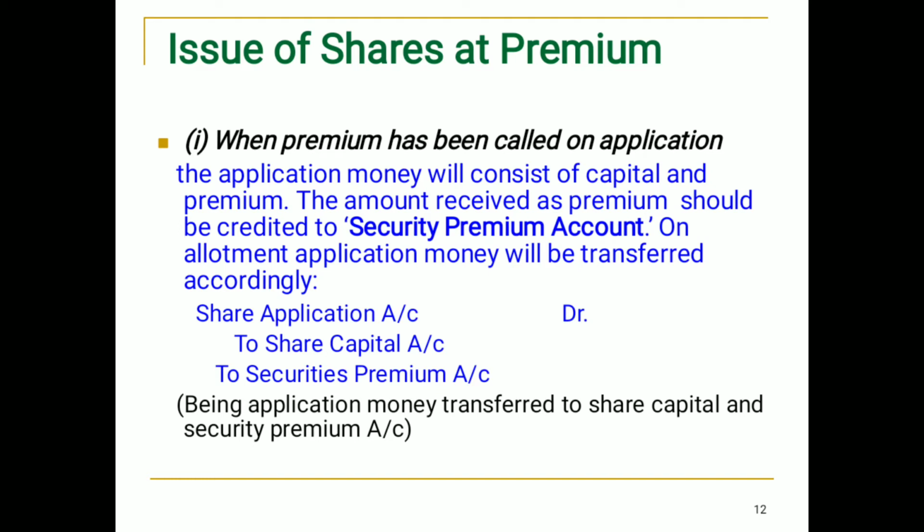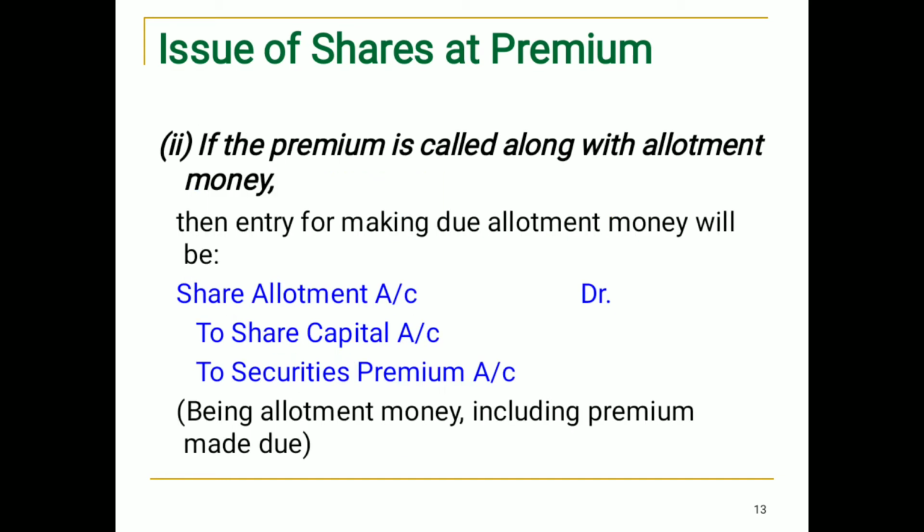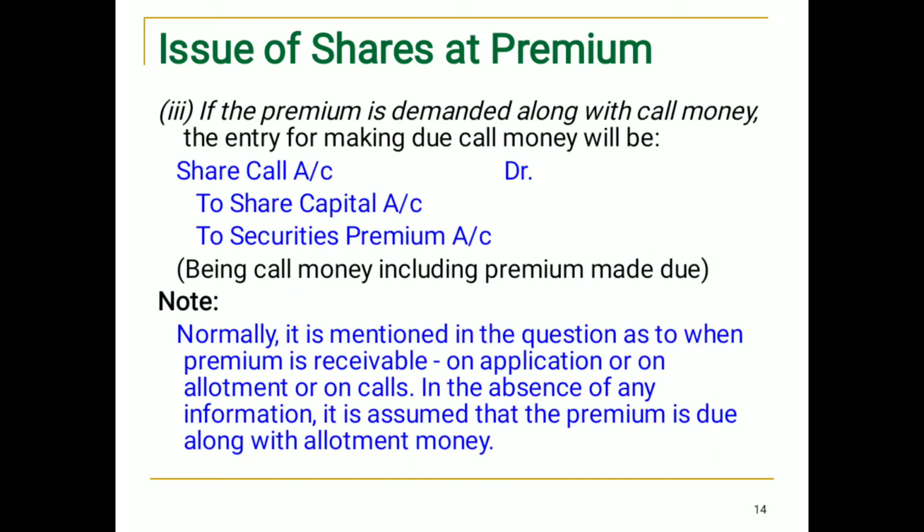Then issue of shares at premium, the second topic, and the journal entries that I explained in the previous lecture itself: when the premium is called with application, this is the journal entry. When with allotment, this is the journal entry. When with call, this is the journal entry.